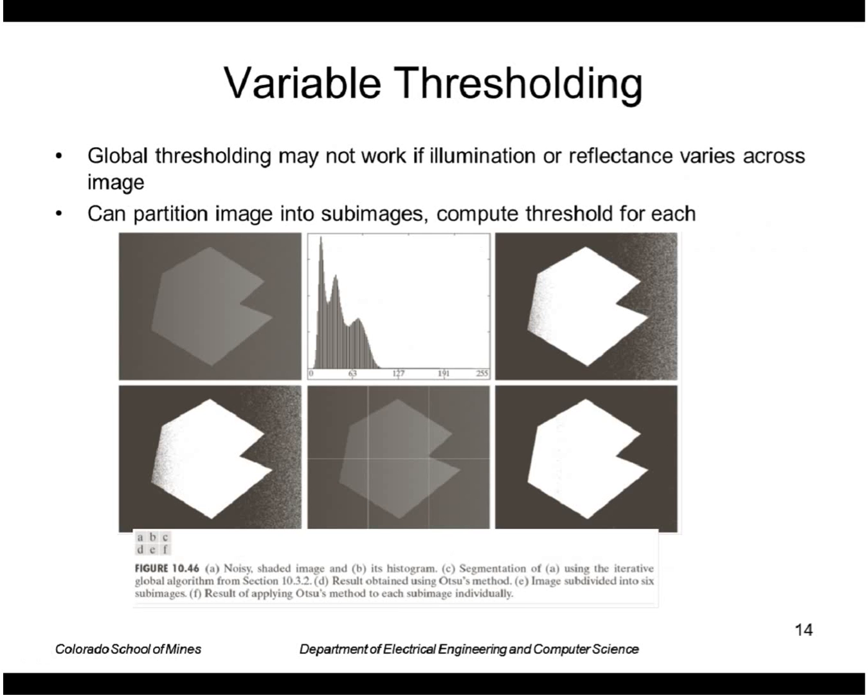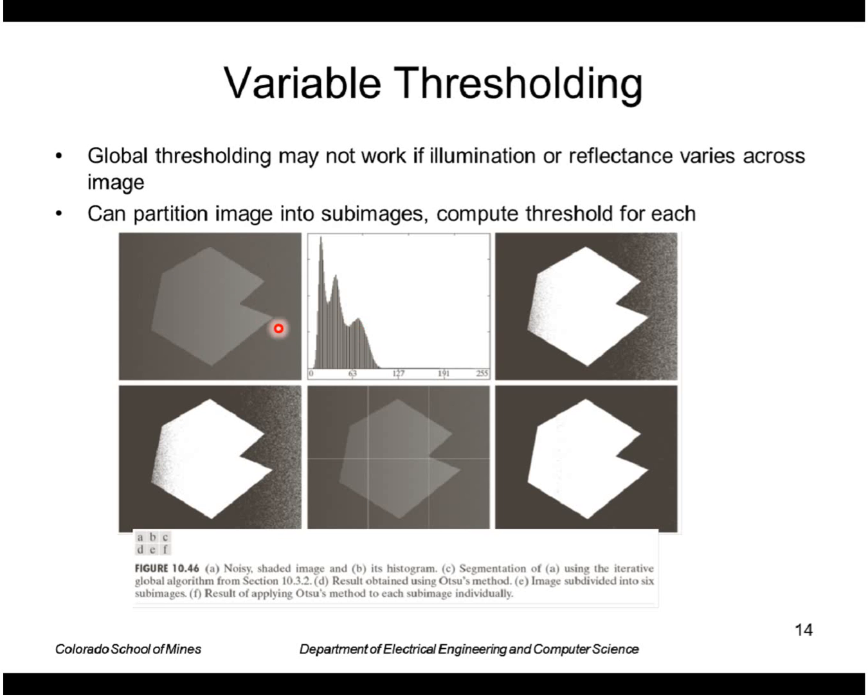We can also handle cases where the image has a gradient of illumination or reflectance across it. In that case, a single global threshold won't work. Take this image here.